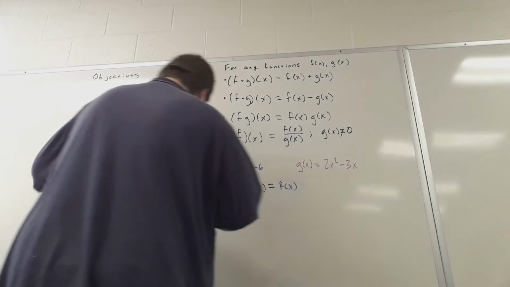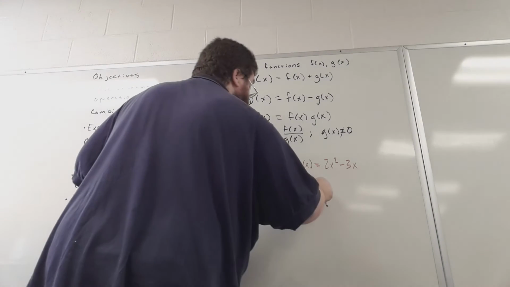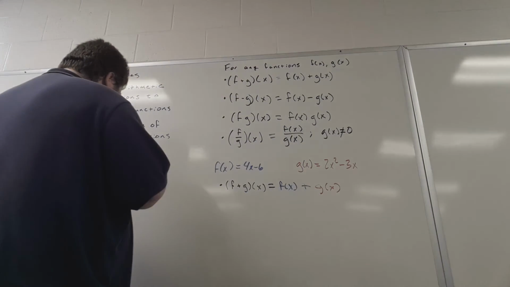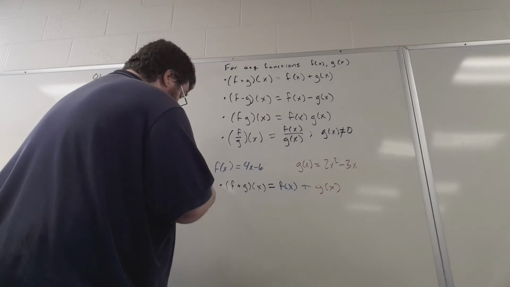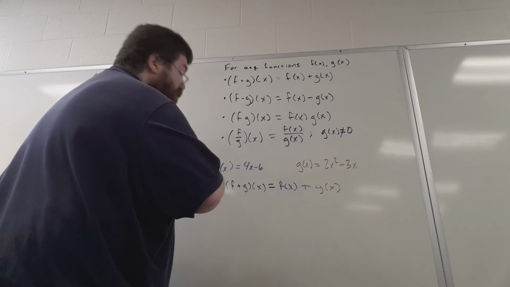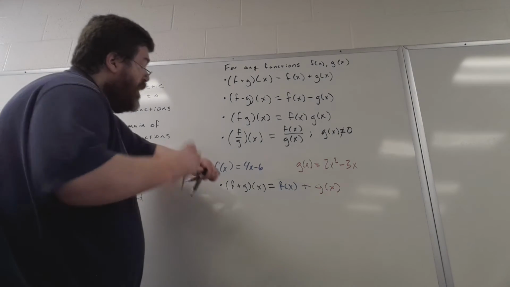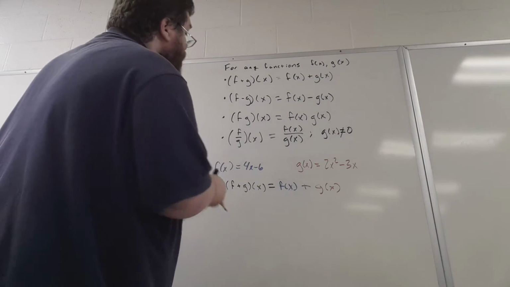We have f of x plus g of x. And you don't need to show all this on your work. But remember, show me enough work so I understand what you're thinking about. Show enough work so that someone like you, but who's not in this class, understands what you're trying to say.